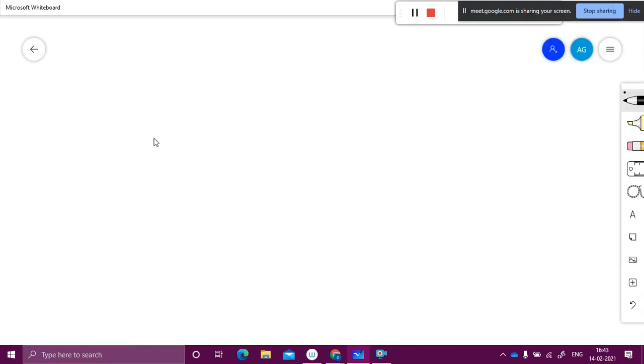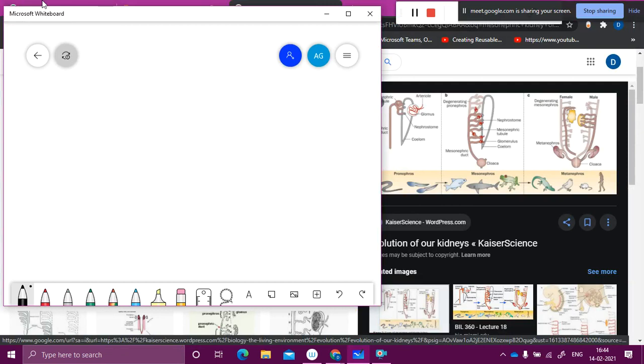So let us classify amphibians. Basically, you have three subclasses. Sorry, one living subclass present.